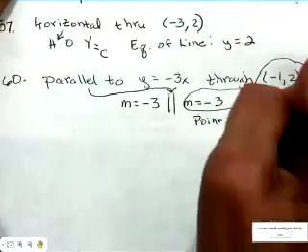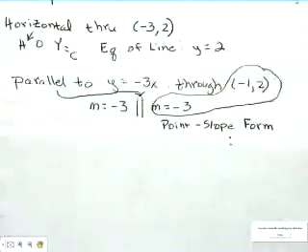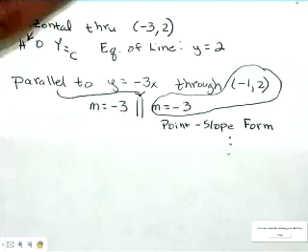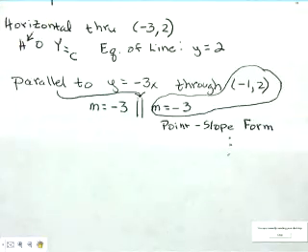I'm going to put dot, dot, dot so we can do 2 more examples. Now, parallel lines are parallel because they have the same slope. That's why they never cross.